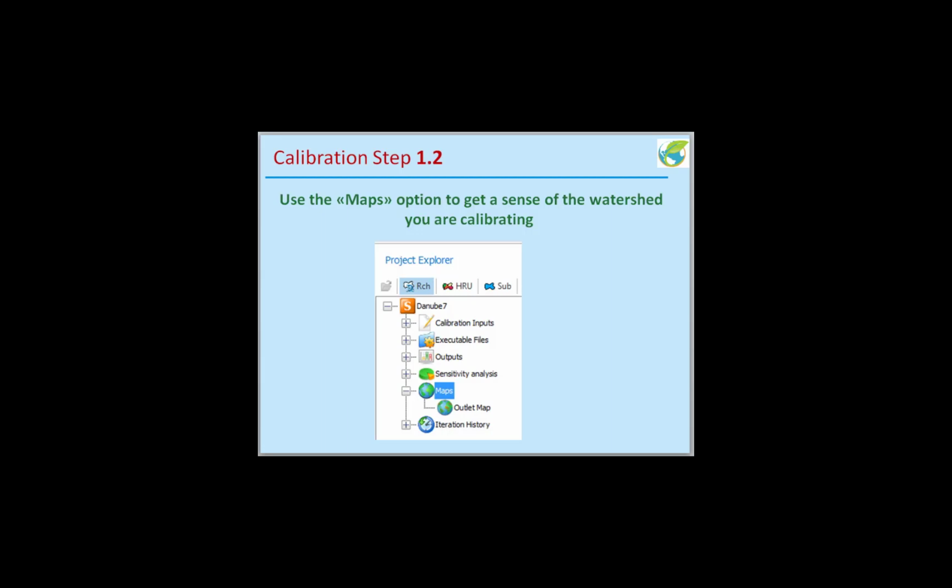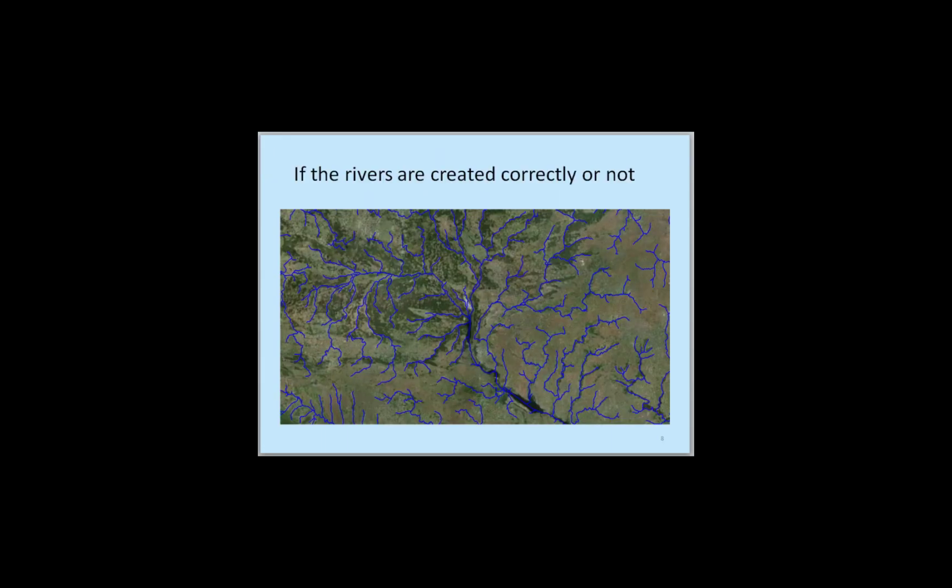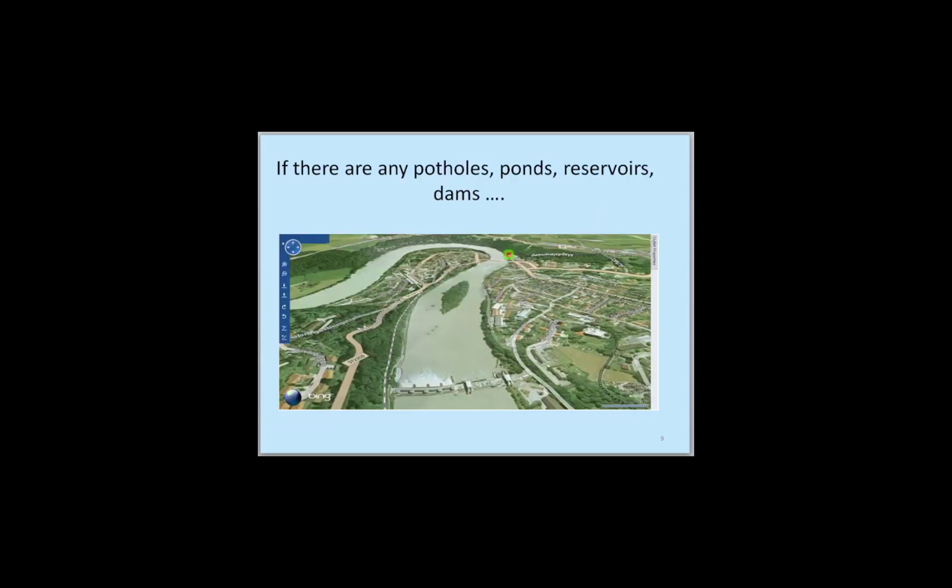In step 1.2, use the maps option in SWATCUP to get a sense of the watershed you're calibrating. By using the map option, you can check to see if the rivers were simulated correctly in ArcSWAT. Also, you can get an idea about the location of the measured outlets as positioned by ArcSWAT.